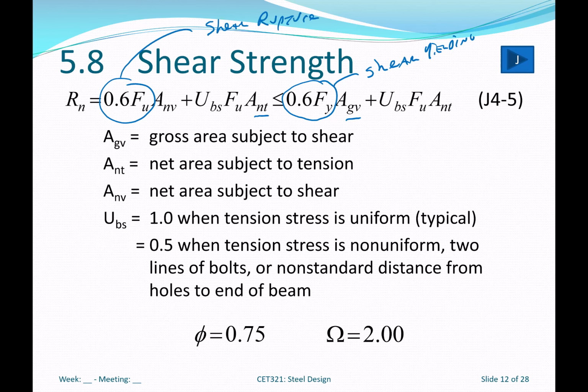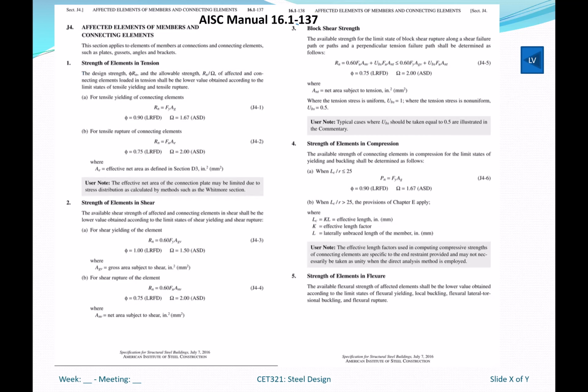And this is based on tension, net tension area, so it's going to be tensile rupture stress. This is based on the net area. Also, these two are the same. It's all based on tensile rupture, not tensile yield. Okay. So again, that's back to this part of the specification.